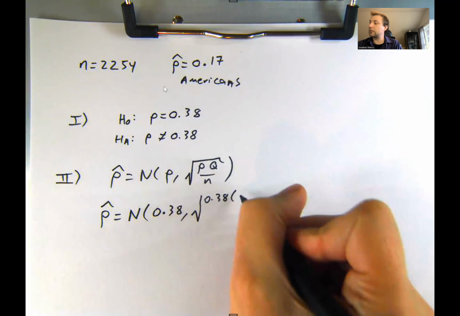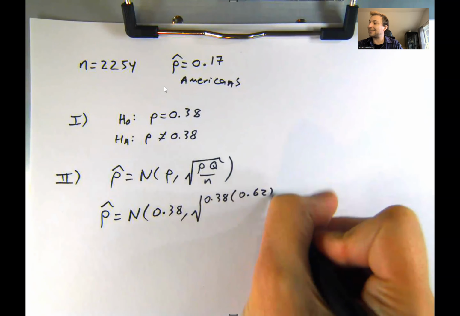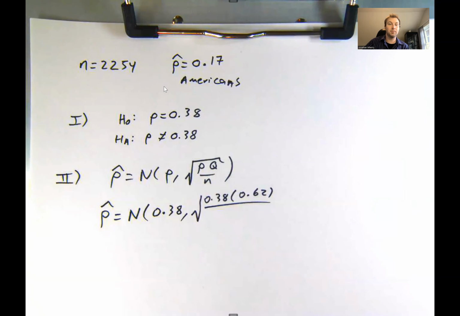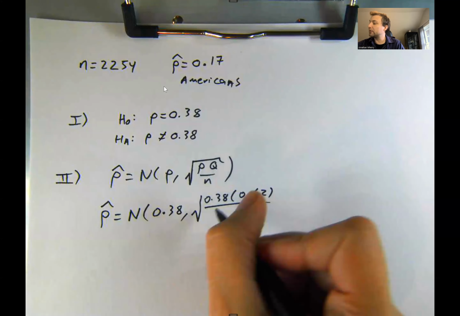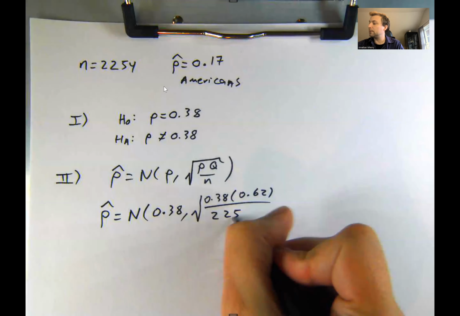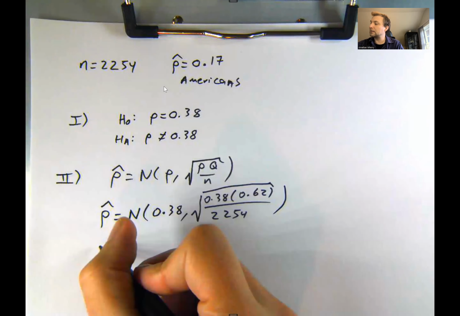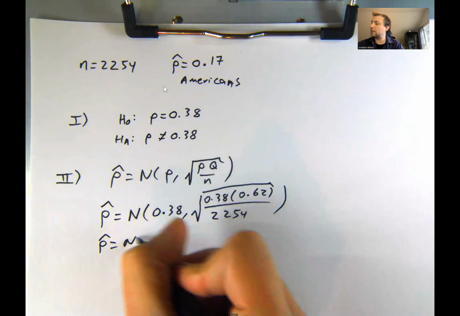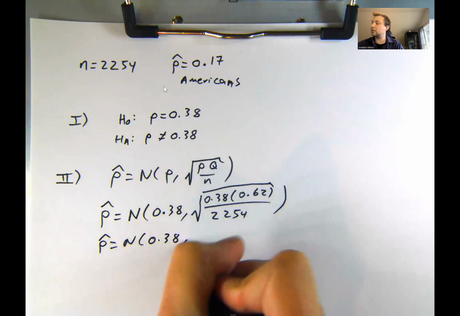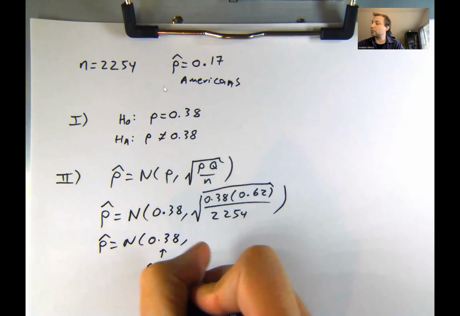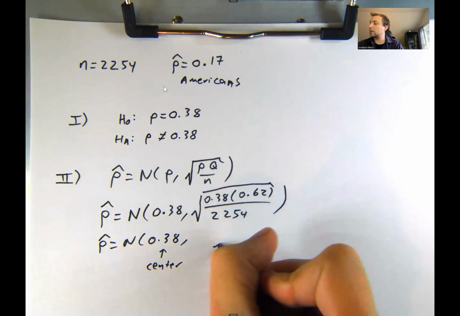If my success rate is 38%, then my failure rate is going to be 62%. They're complements. And my sample size was 2,254. That's a decent sized sample, so I would not be surprised if I end up with a pretty small standard deviation. This first number represents the center of my curve.